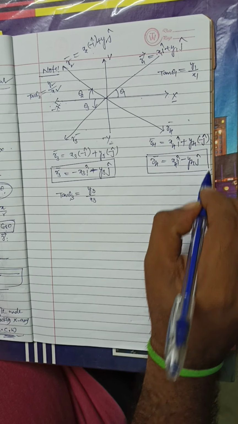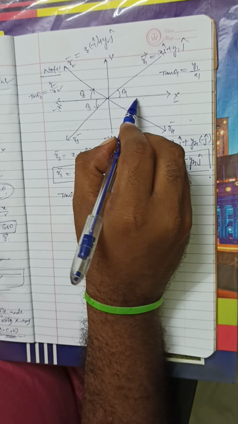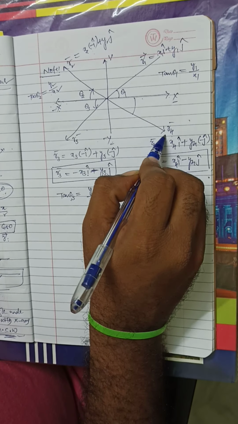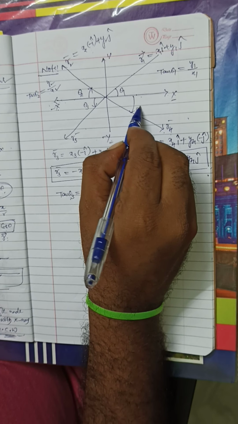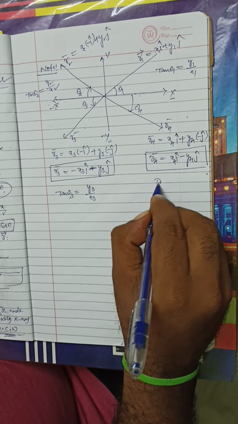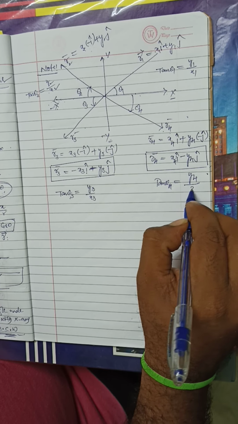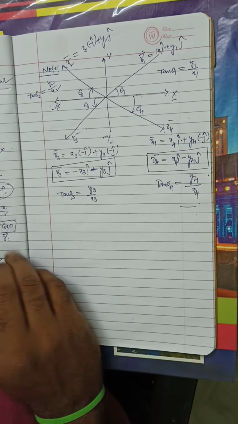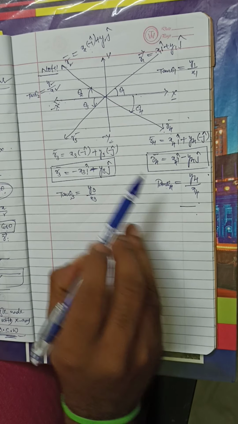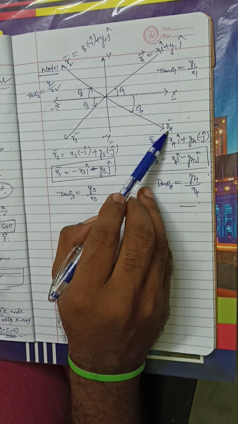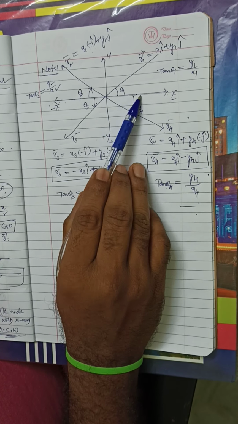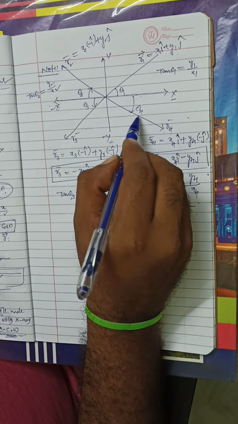So this is the vector. Now how much is the angle made by the vector with the x-axis, that is theta 4. Then if you take tan theta 4, that will be equal to y4 by x4. This is the important formula. Here theta 4 is the angle made by the r4 vector with the x-axis along the clockwise direction.